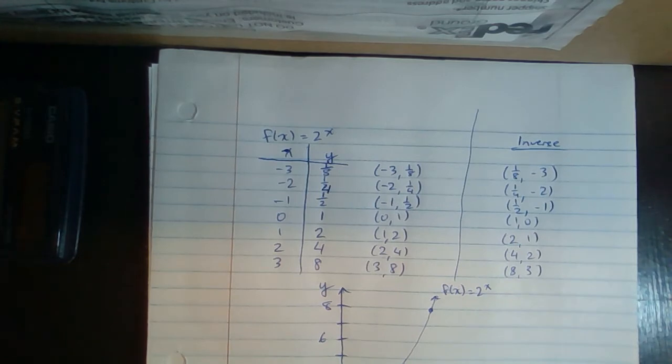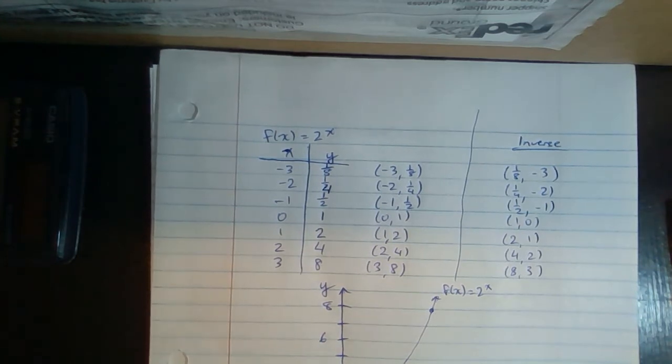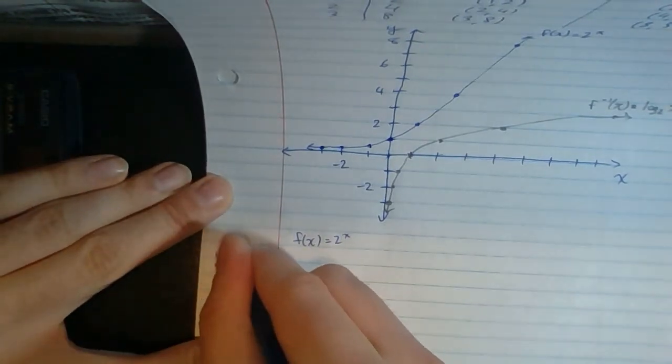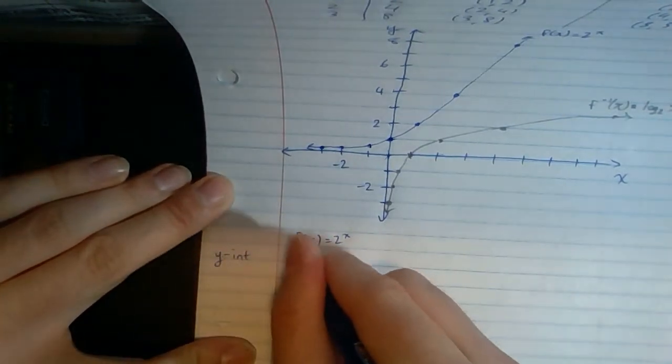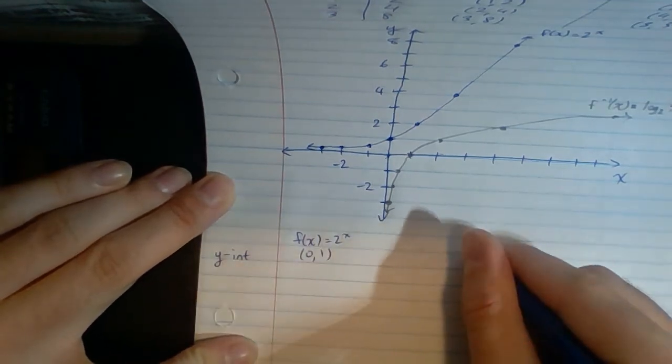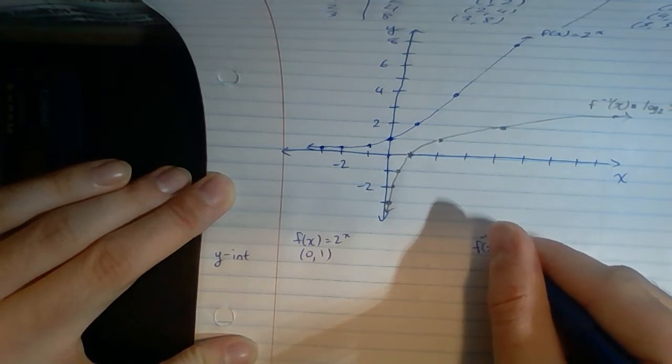So on the blank note, there's a spot to talk about key features. So our original f of x equals 2 to the power of x. We have a y-intercept of 0, 1, whereas there's no y-intercept in the inverse.